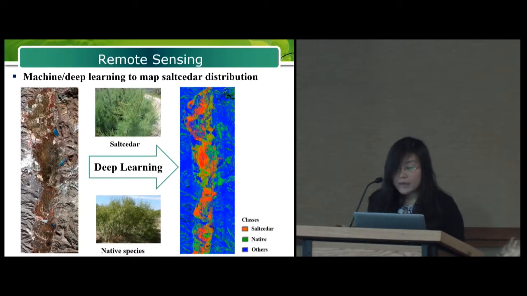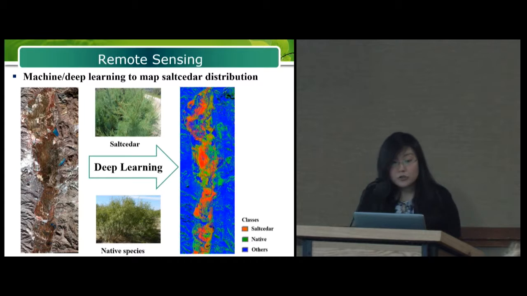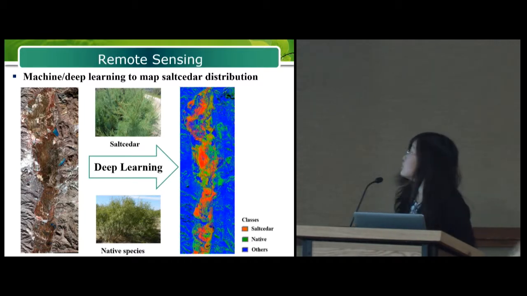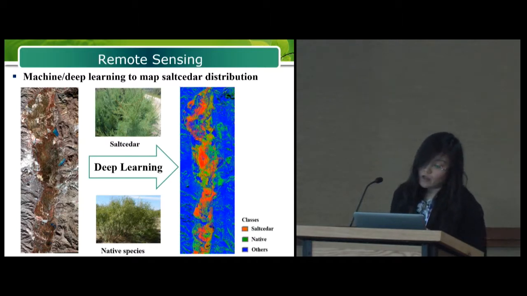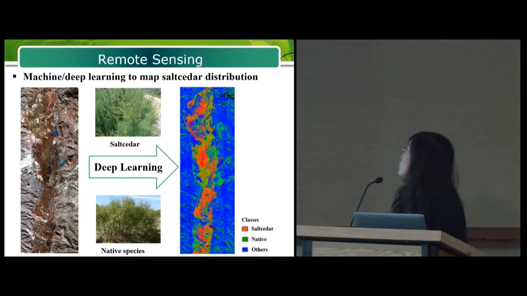For doing this kind of mapping and monitoring work, remote sensing does provide us a very powerful tool. So conventionally, we usually acquire the remote sensing imagery and then train machine learning or maybe deep learning models in order to decipher the imagery, to determine for every pixel in the satellite imagery what land cover it represents, whether it is the invasive species, native species, or maybe other land cover types.